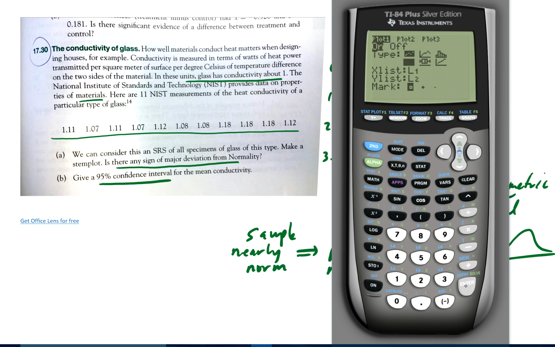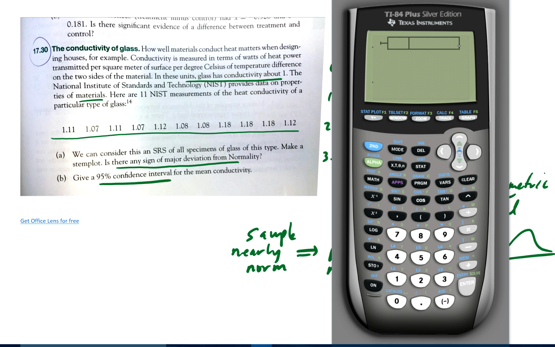So let's make a box plot and see what that looks like. I'm going to go zoom stat, because that's just going to put it in a nice view. And see, here's my tail on this side. This side doesn't have a tail because I don't really have that much data. It's not perfectly symmetric, but it's not too far off.